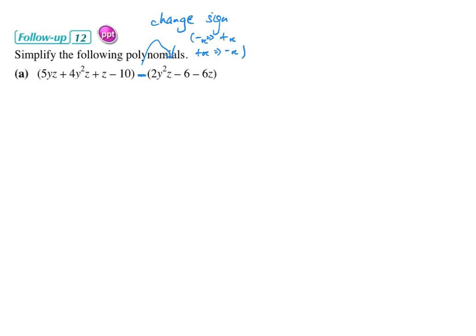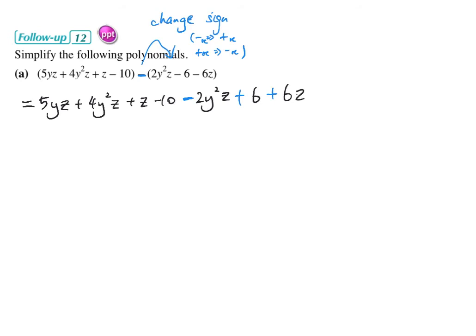Okay, so that means the next step will become just copy the first polynomial, and then the second will become minus 2y squared z plus, remember this, okay, plus 6 plus 6z. Okay, do you know why? Do you know why it becomes plus?